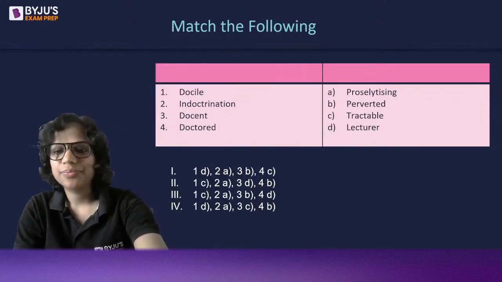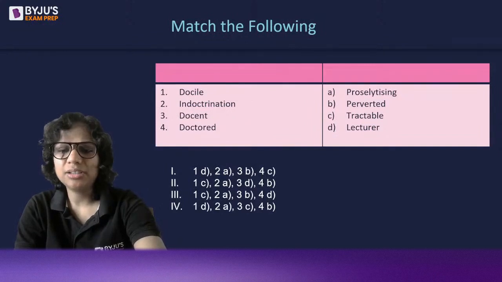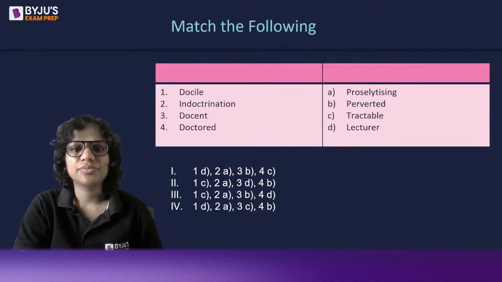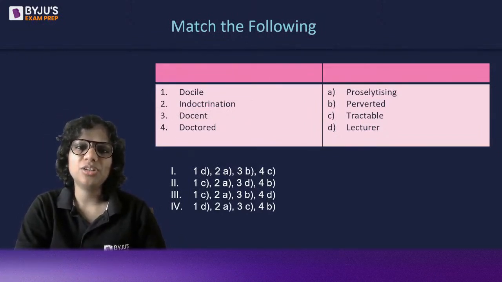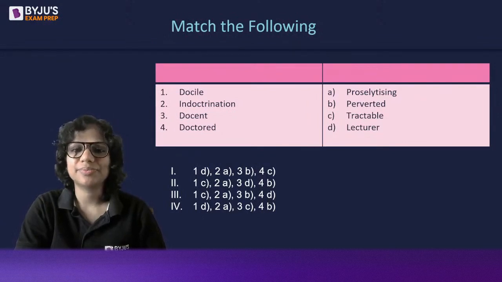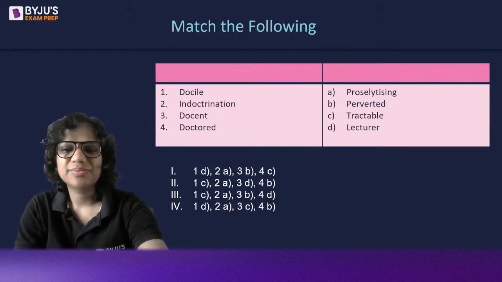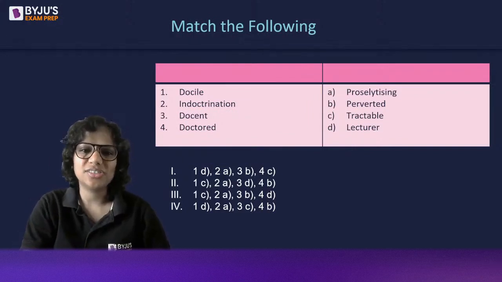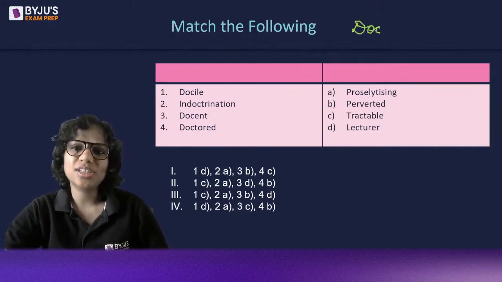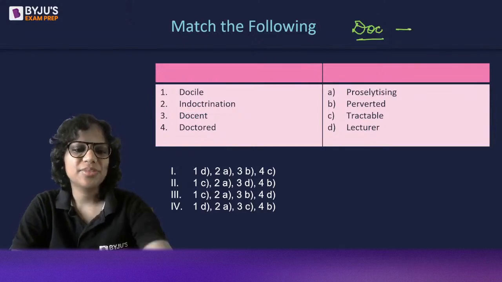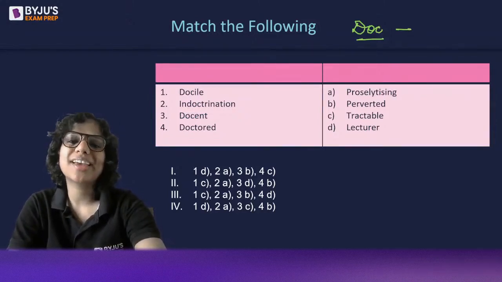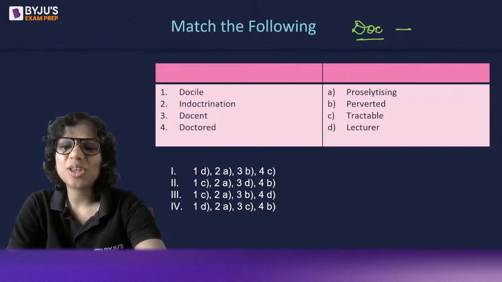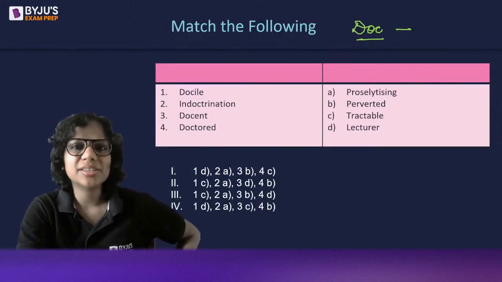Docile. Someone who's docile. Indoctrination. Docent and doctored. Clearly the root is doc. Actually, to be more precise, it's docere. हाँ जी, बताओ जल्दी जल्दी, what has happened to you guys? आज तो सभी ऐसा लग रहा है बहुत ही लेजी हो रहे हैं.